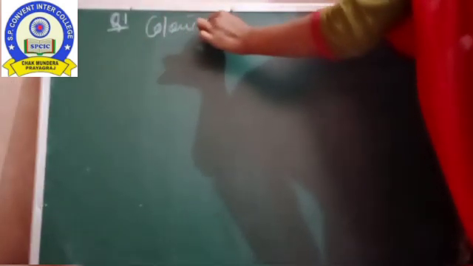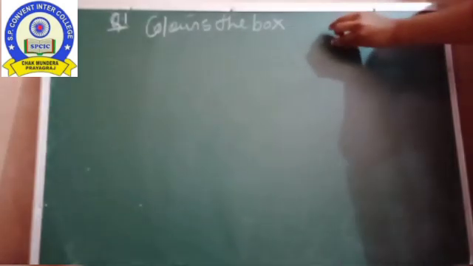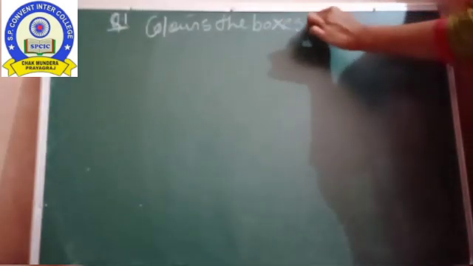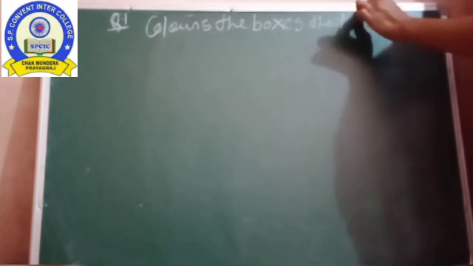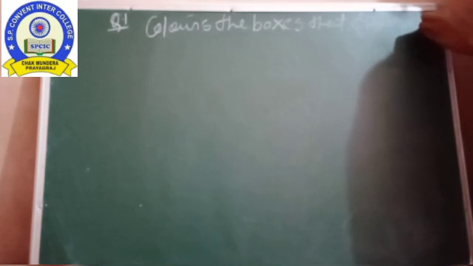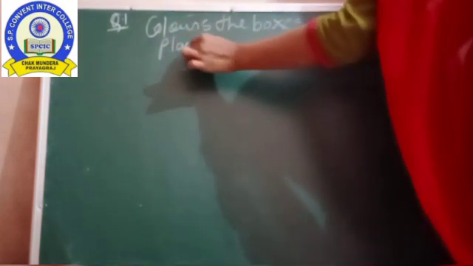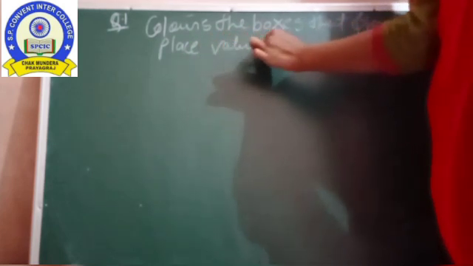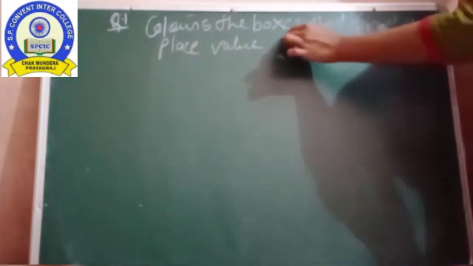Color the boxes that show the place value of the colored number.